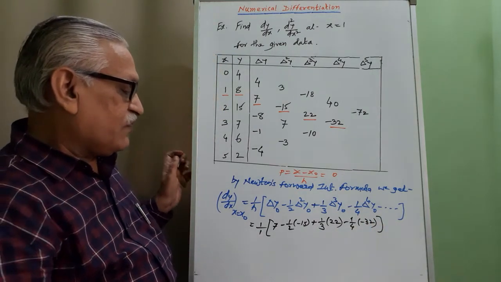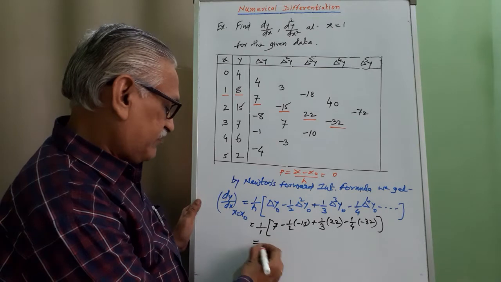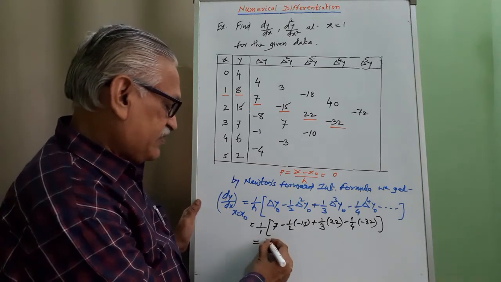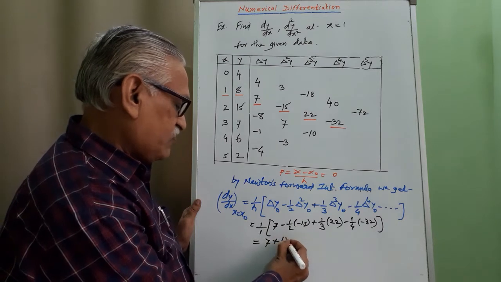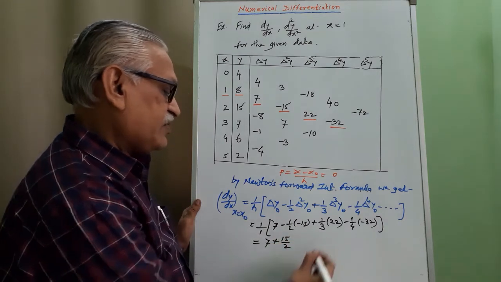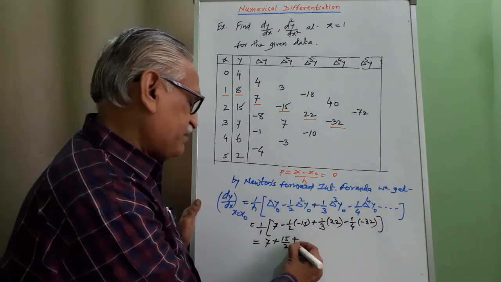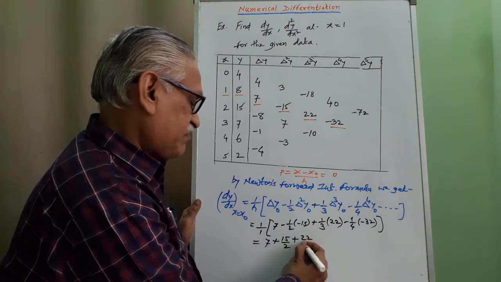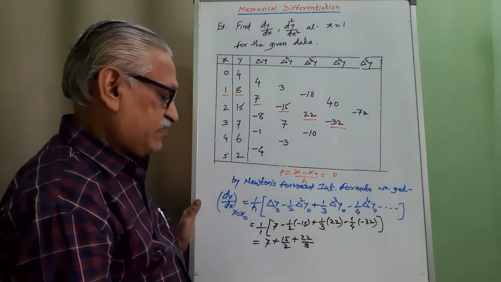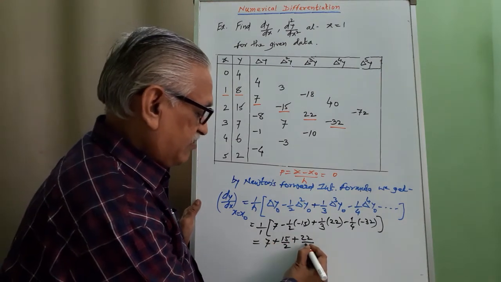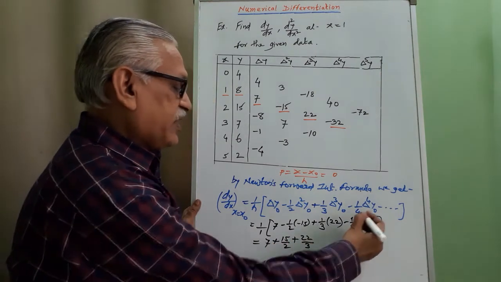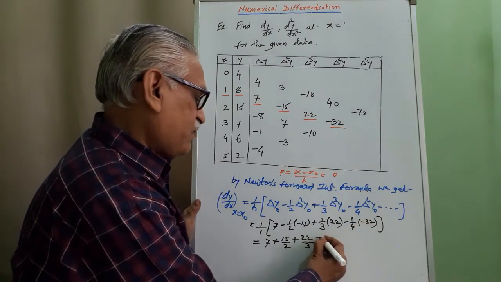And then simplifying it, it is 7 minus minus, plus 15 by 2, then 22 by 3, then plus 32 by 4.